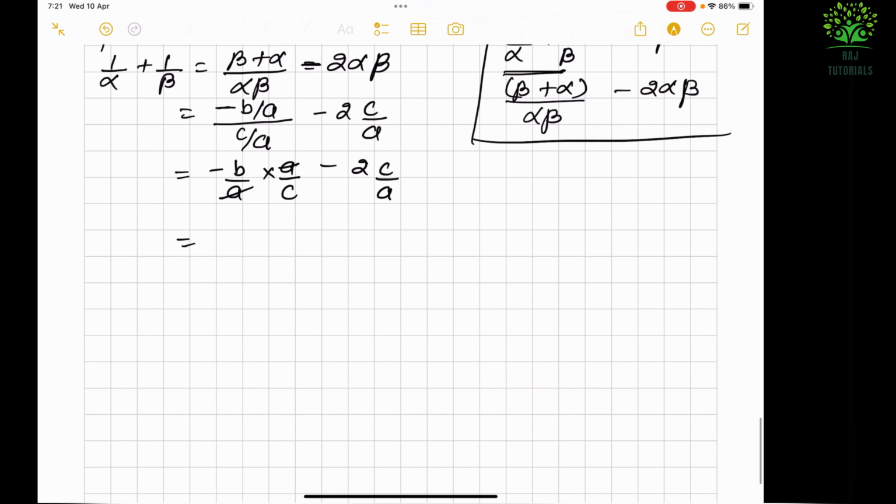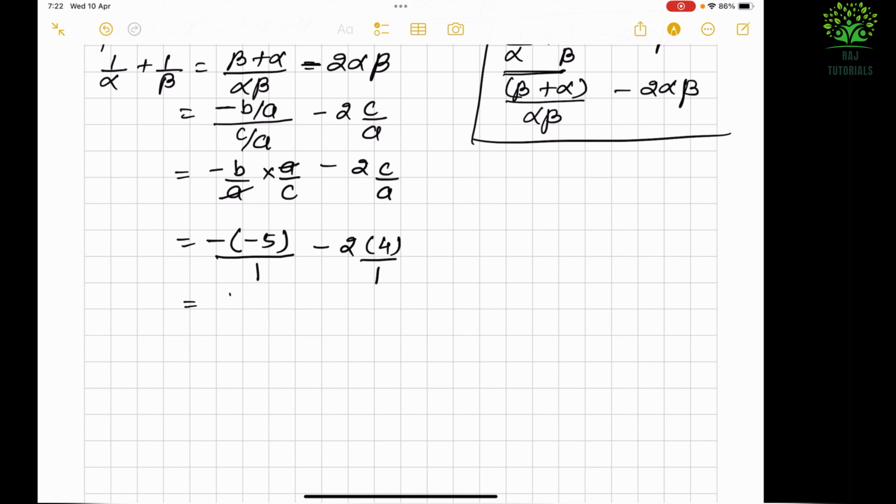Now if I put in the values, see minus b by a, where b is minus 5, so minus of minus 5 by a is 1, minus 2 into c is 4, a is 1.